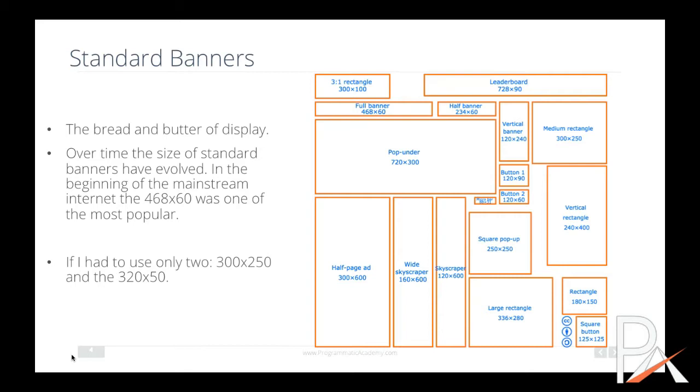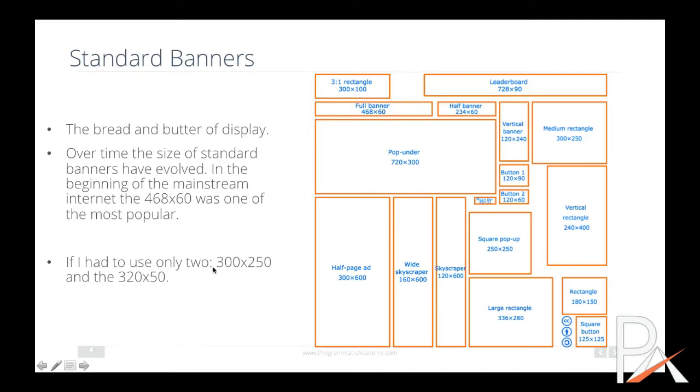If you look at this image that I have here, which I want to say is from the IAB, these are all the sizes. I would say a lot of these are from another era. For example, the 468 by 60 was highly used in the beginning of the popularization of the internet, in the 90s.